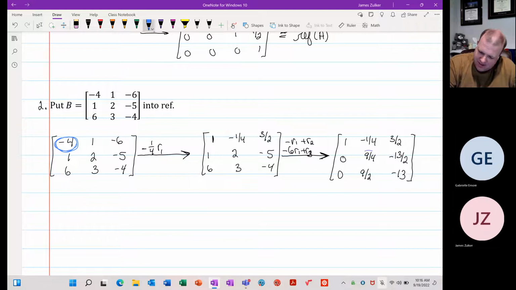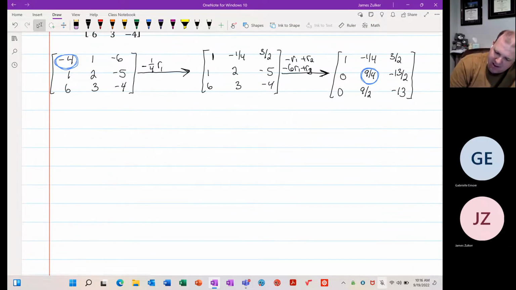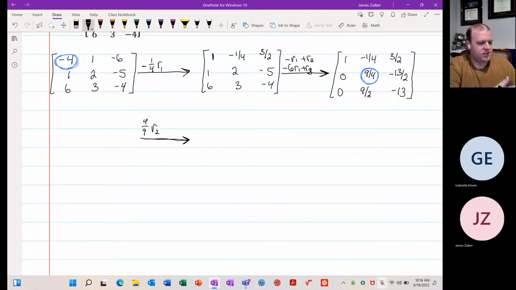Find our new pivot. We want to make that 1, so multiply row 2 by 4/9.